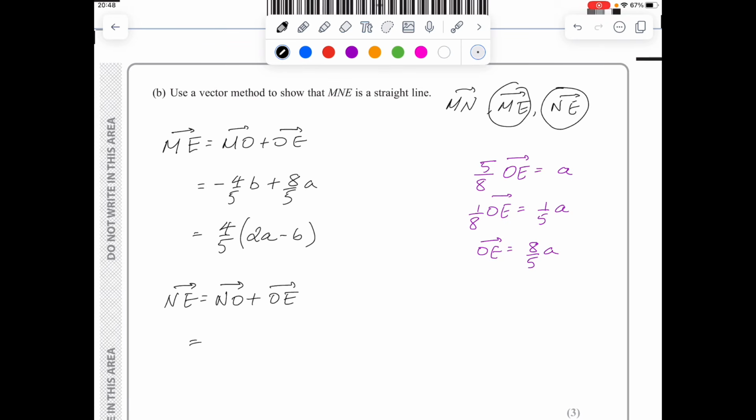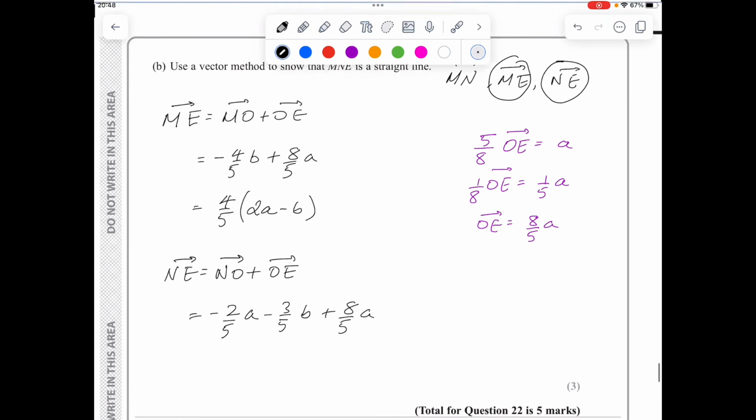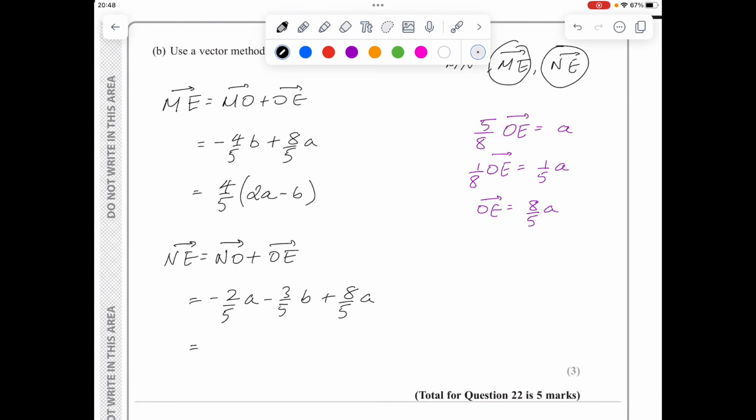Now, NO is the reverse of ON, which we found in part a. So this is minus 2/5 of a minus 3/5 of b plus OE, which is this vector here. So plus 8/5 a. Let's simplify. This is 6/5 a minus 3/5 b. And if I factorize, I'll get 3/5 (2a minus b).